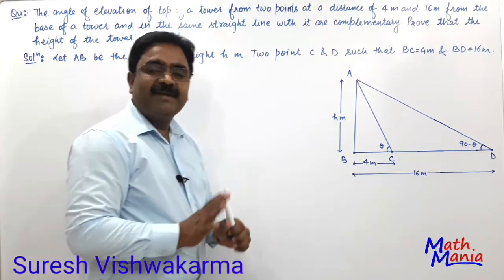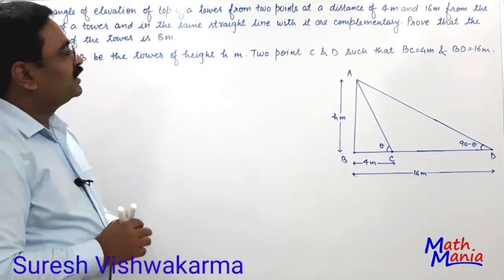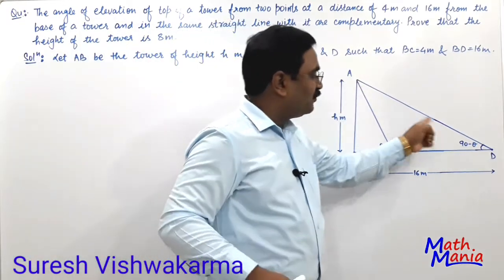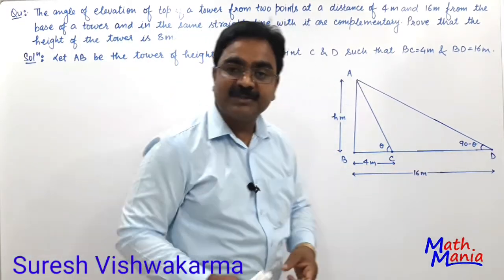After writing this information, then it is saying that these angles of these 2 points from the top of the tower are complementary to each other.